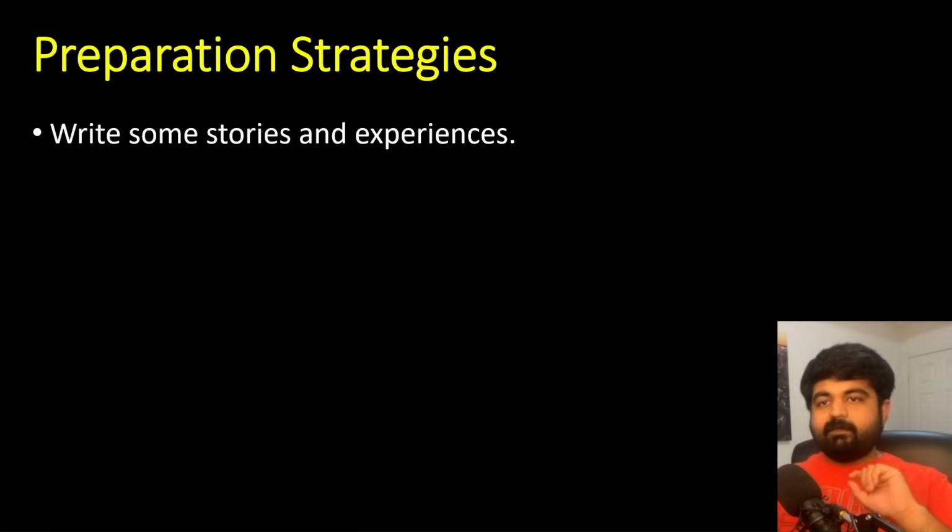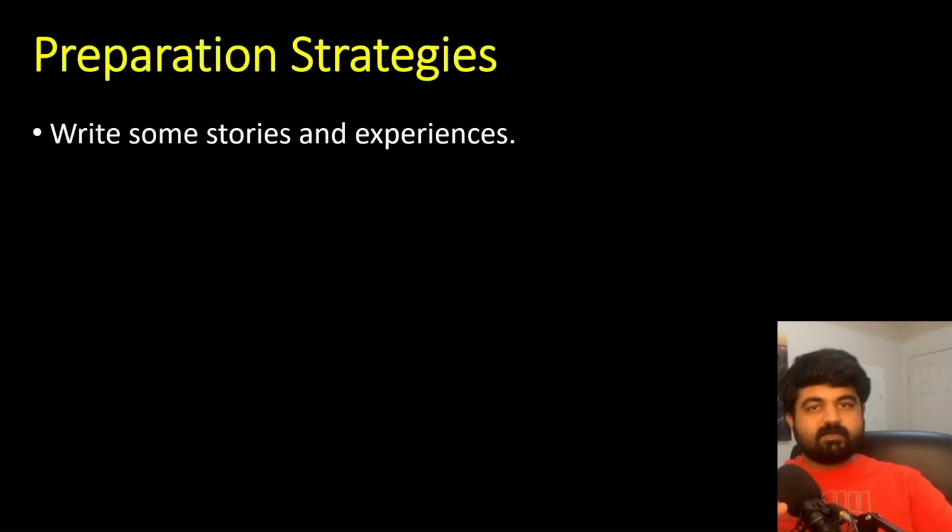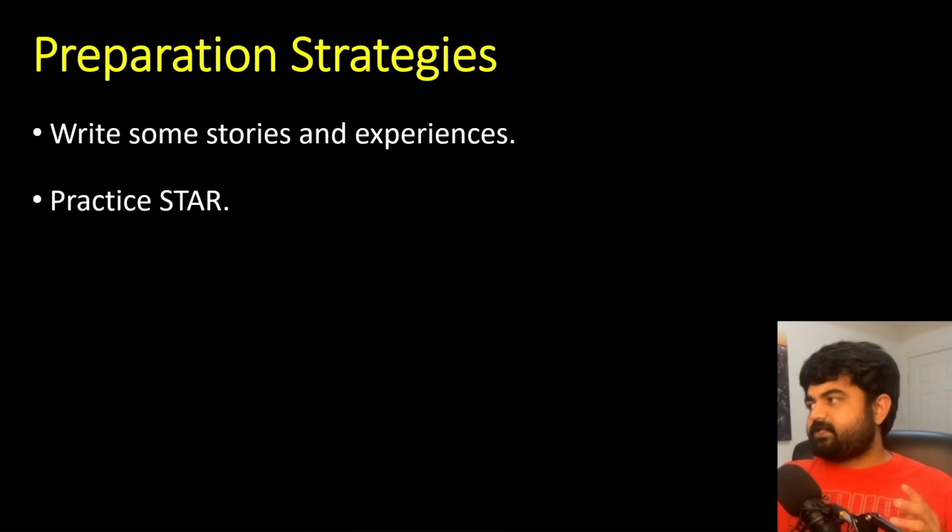Now you just have to pinpoint, okay, in order to explain a disagreement between myself and a colleague, this is the story I'm going to say. For a disagreement between myself and a client, this is what I'm going to explain, and so on. And always make sure that you are practicing everything with the STAR methodology: situation, task, action, result, all four things, because that way you are following the whole timeline of the question.